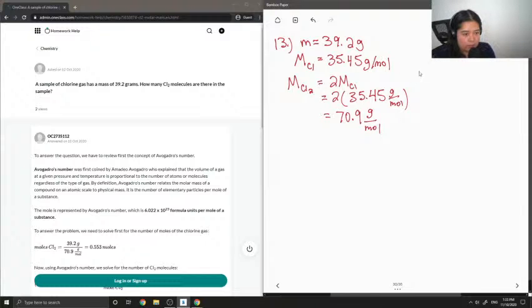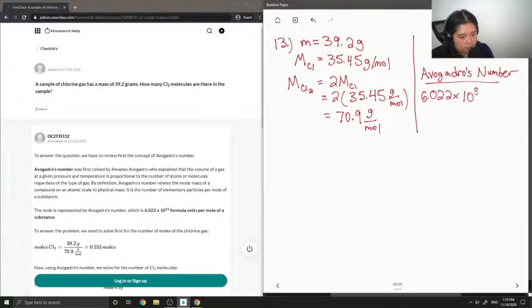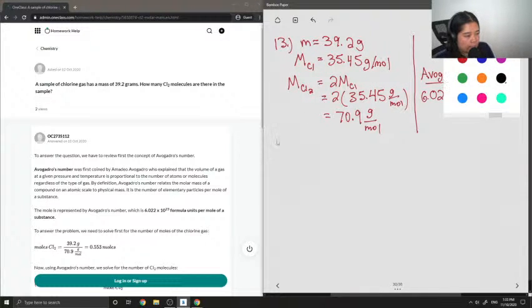I'm also going to write down a helpful constant called Avogadro's number. Avogadro's number is equal to 6.022 times 10 to the 23, and the units are molecules per mole. So now I have everything needed to answer the question.